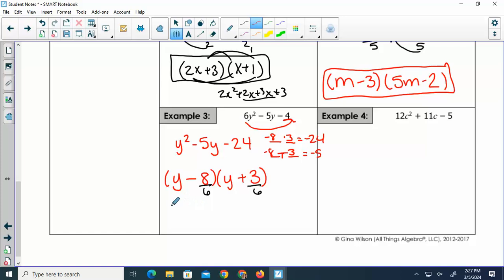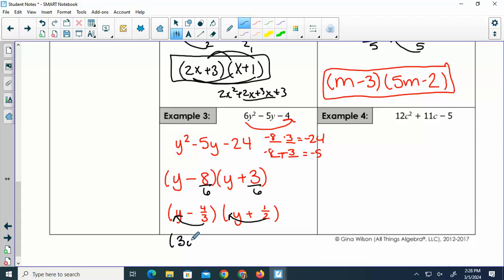Can't those reduce a little bit? 8 over 6 reduces to what? 4 over 3. And 3 over 6 is 1/2. Okay. So now, there's still fractions, so we have to slide the denominator up in front.